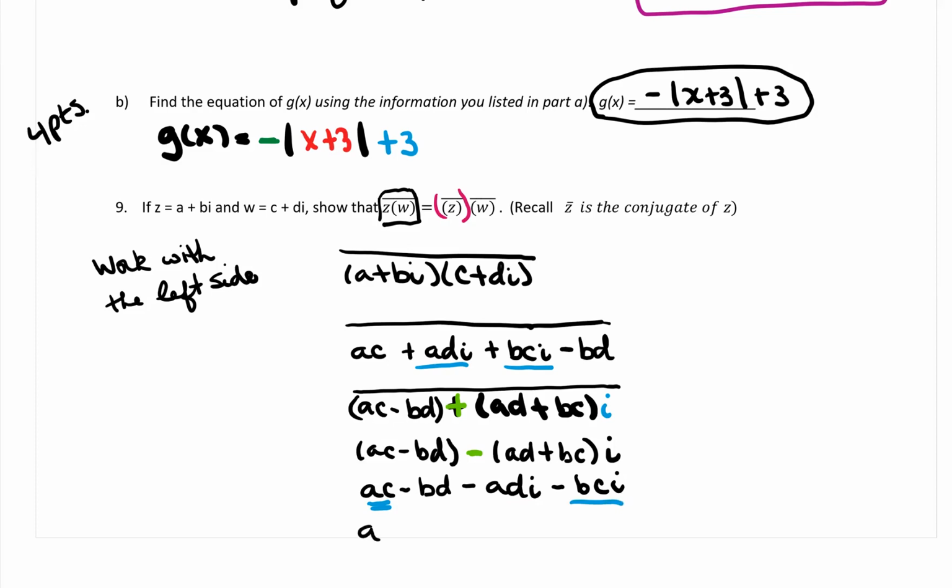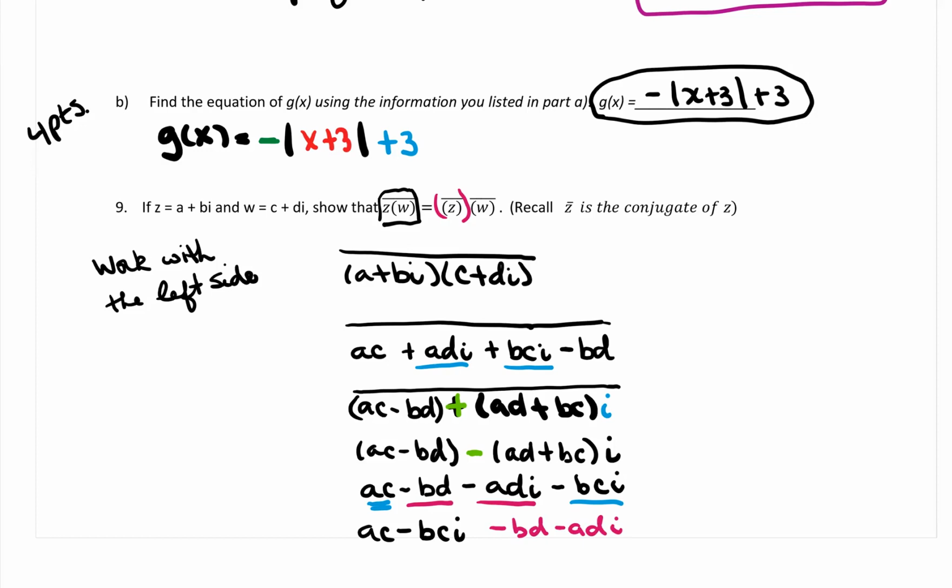Okay, so we have AC minus BCI. And then let's group the other two, negative BD minus ADI. And so we could factor out a C here.